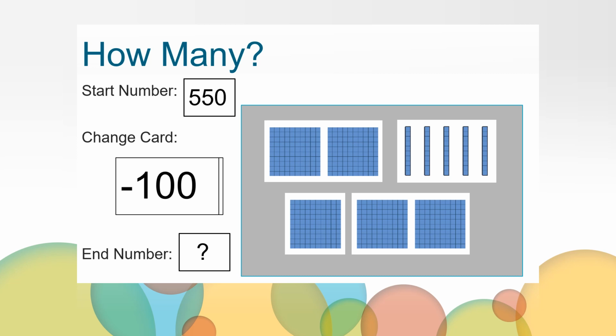Let's check our work. We took away one of our hundreds flats because it said subtract 100. Our new end number is 450. How did the number change and how did it stay the same?